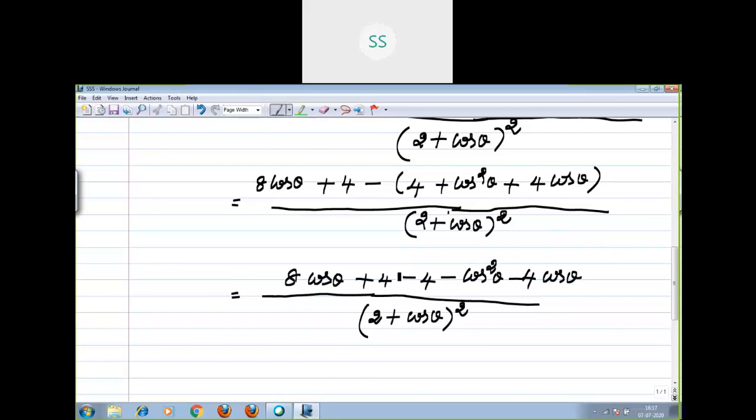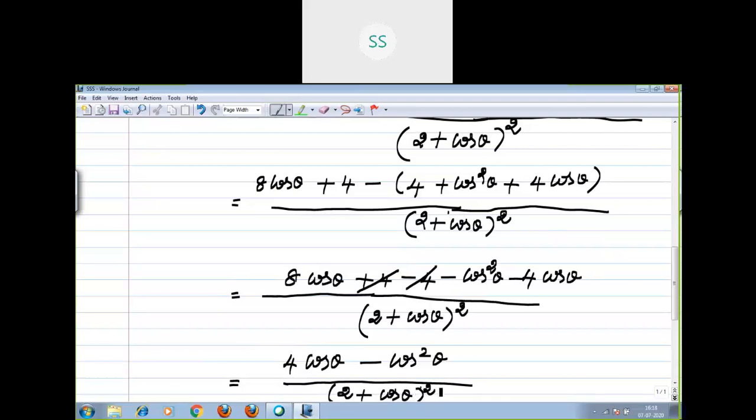Plus 4 minus 4 cancel, which is equal to 8 cos theta minus 4 cos theta. What can you get? 4 cos theta minus cos square theta divided by 2 plus cos theta the whole square.